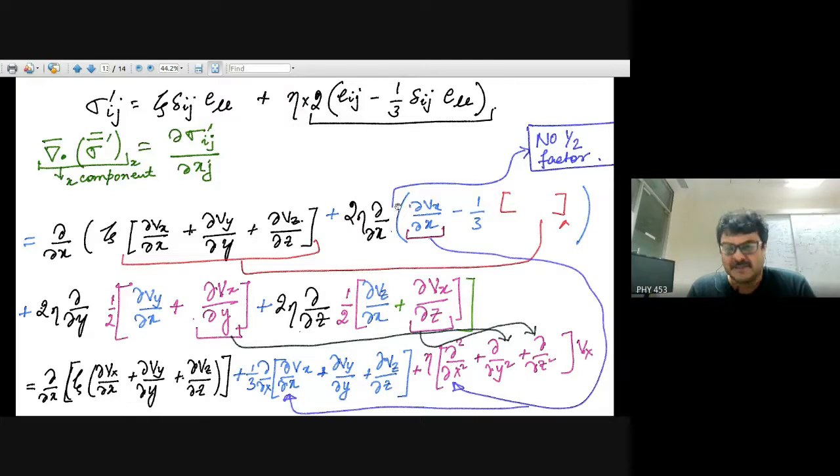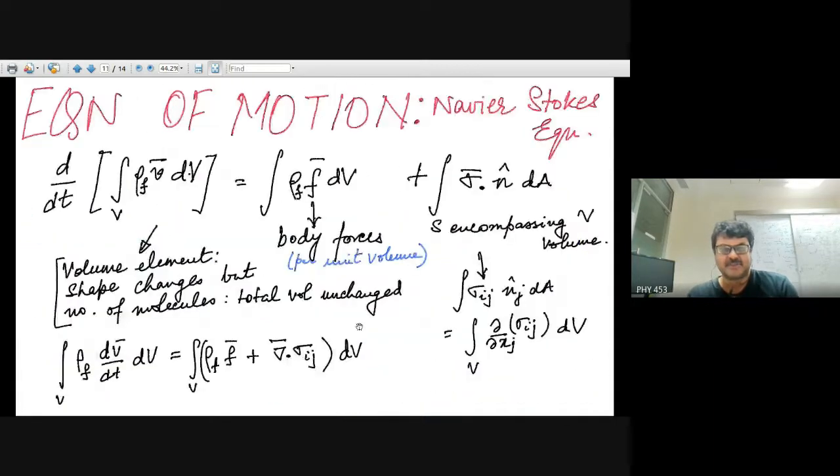The other term, because there was 2 here, remains here. This 2 goes here. So del Vx del x minus 2/3 del Vx del x is 1/3 del x of del Vx del x. And similarly, there will be 2 other terms, and they will contribute here, del Vy del y, del Vz del z. So basically things will come here.